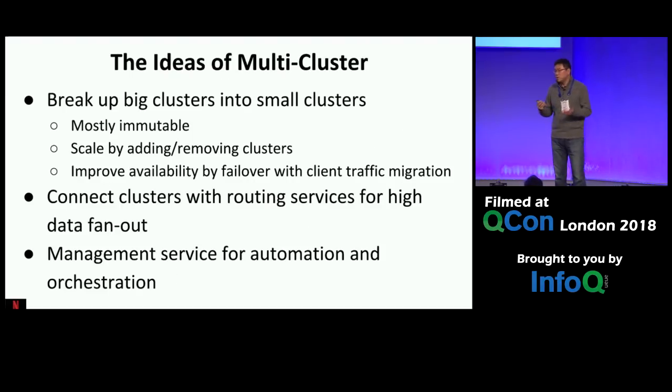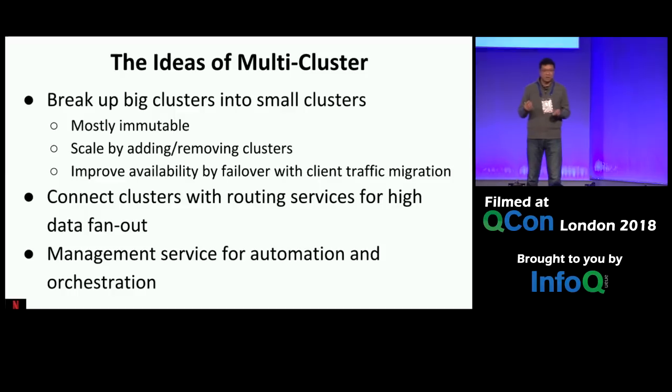So to sum up, what are the ideas behind multiple clusters? First, you want to break up your big cluster into smaller ones, and those smaller clusters are usually mostly immutable. By immutable, I mean we don't do partition reassignment on our Kafka clusters.